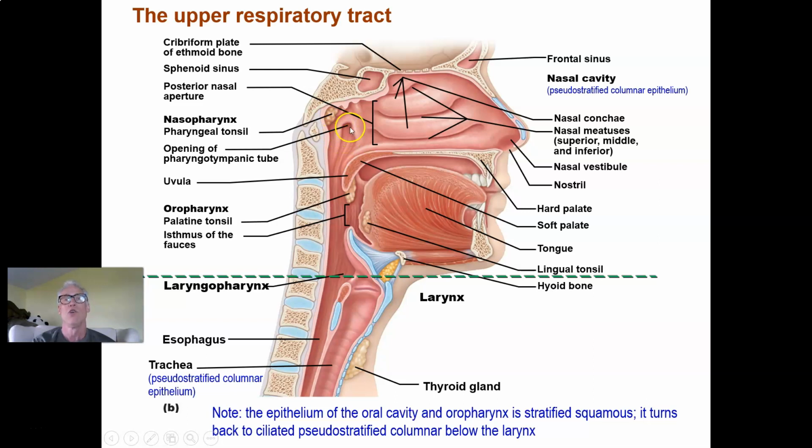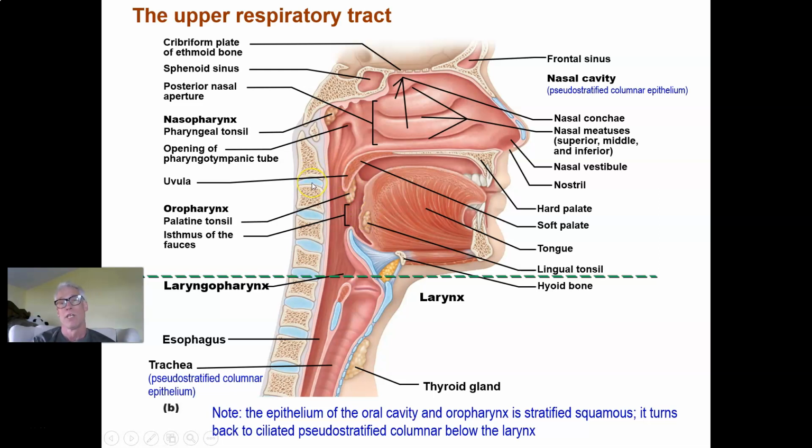There's a so-called tubal tonsil here around the opening to the tube that enters into the middle ear, the pharyngotympanic tube. There's a tonsil on the soft palate. There's this muscular structure that extends from the hard palate posteriorly and inferiorly. So there's that palatine tonsil, and then there's a lingual tonsil on the base of the tongue.